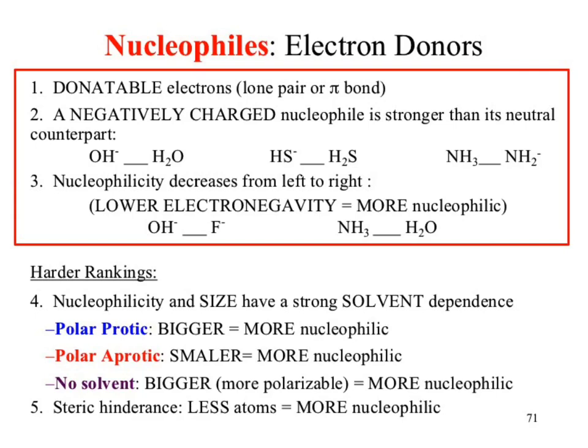The reasoning behind this is because it is bigger, that electron cloud can distribute, that's a better word, distribute a little bit more accordingly around your electrophile. Meaning the electrons can shift to one side of the molecule a little bit easier than the others, making it easier for it to share electrons.